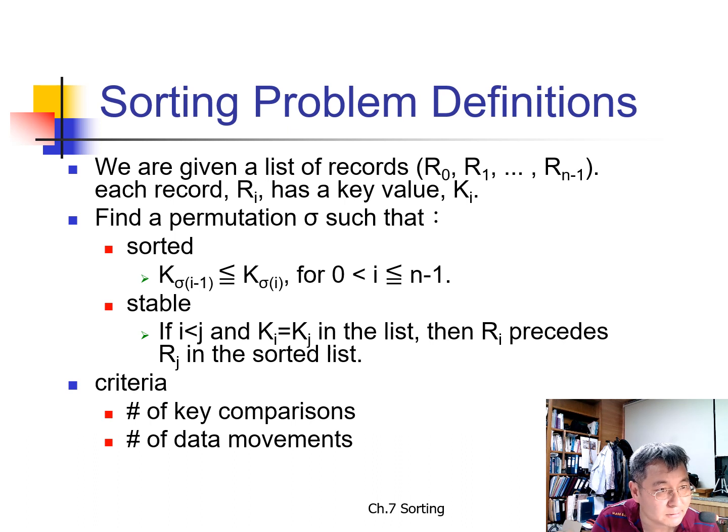If we are given a data set of records R0 to Rn-1, where each record Ri has a key value Ki, then sorted means that the key value of index i-1 is less than the key value of index i.